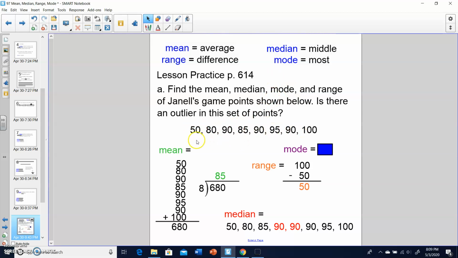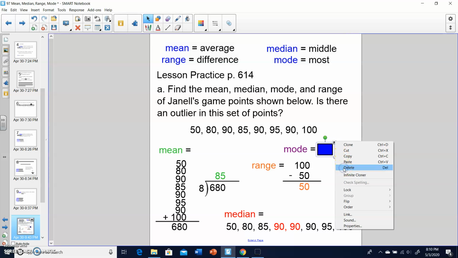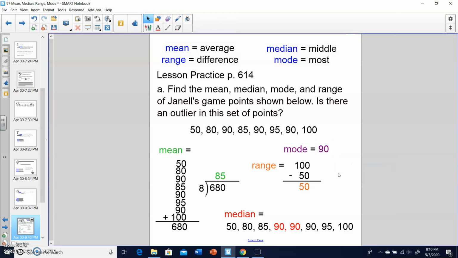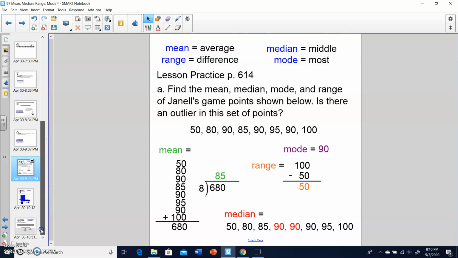Looking at her scores, 50, 80, 1, 2, 3 90s, 85, 95, and 100. So her mode is going to be the one that occurs the most, which is 90.